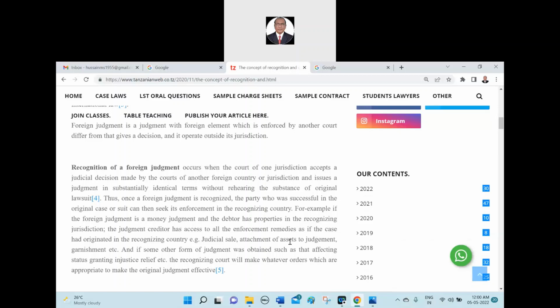You know what is meant by garnishment? A third person is given such a right to cut the salary of the employee. That is called garnishment. For instance, a judgment debtor is an employee.